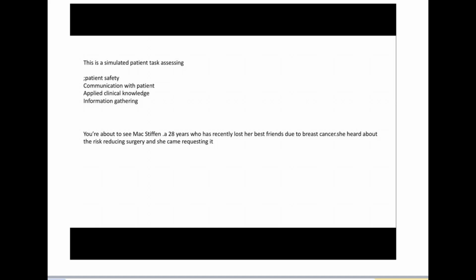The genetic counselor will run some investigations, will check if she actually has any gene mutation or anything that may need to be done in this case, or if she doesn't have any risk.